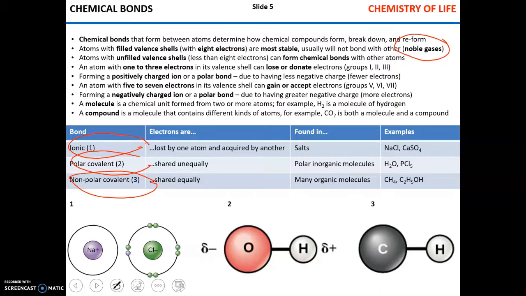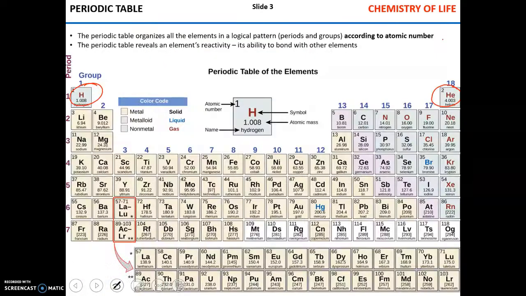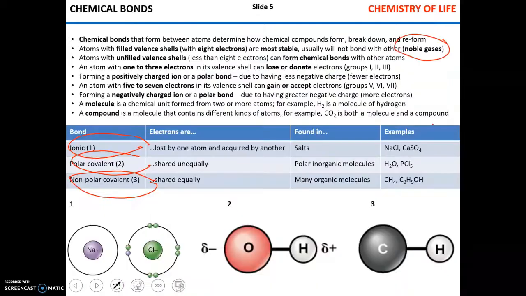Now, if you look at the periodic table, you will see that on the left there are elements with 1, 2, or maybe 3 electrons on their valence shells, while on the right you have elements with 6, 7 electrons on their valence shells.